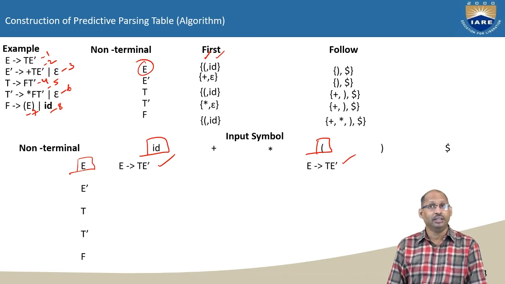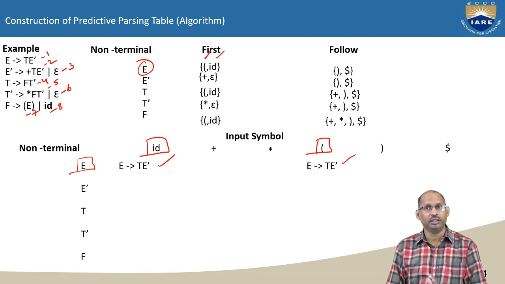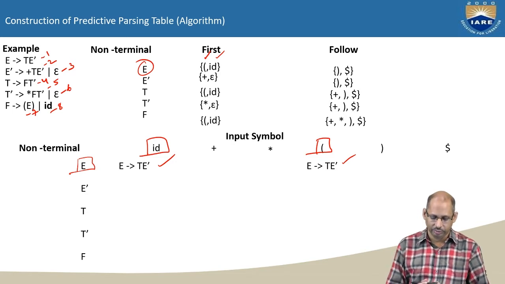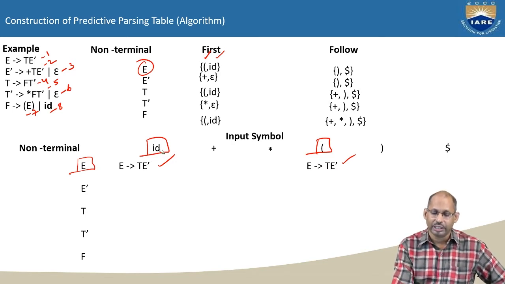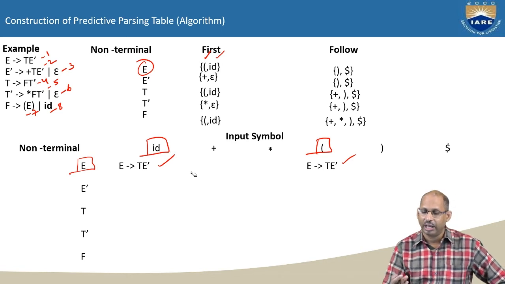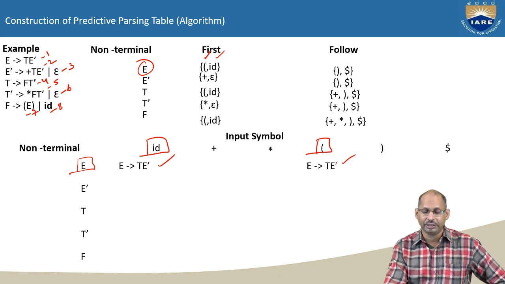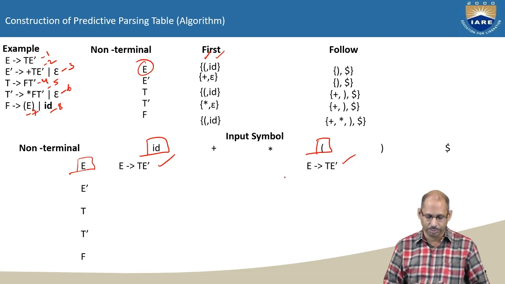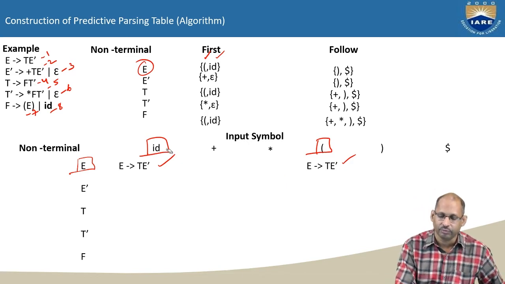So, in the non-terminal E row, we write it in both ID and left parenthesis. Right? So here, in this ID column and in the left parenthesis column, we have written the first production.